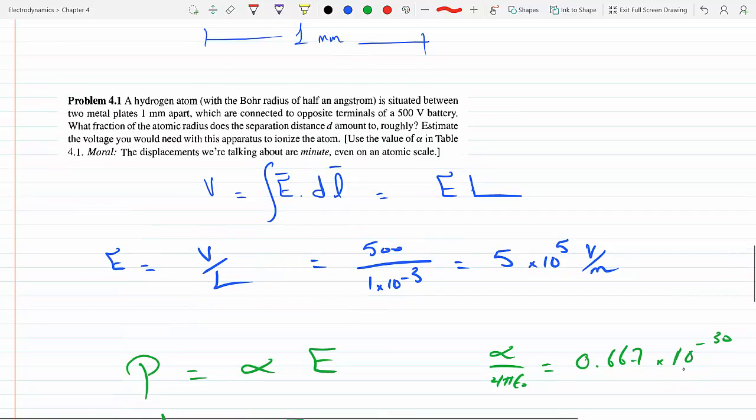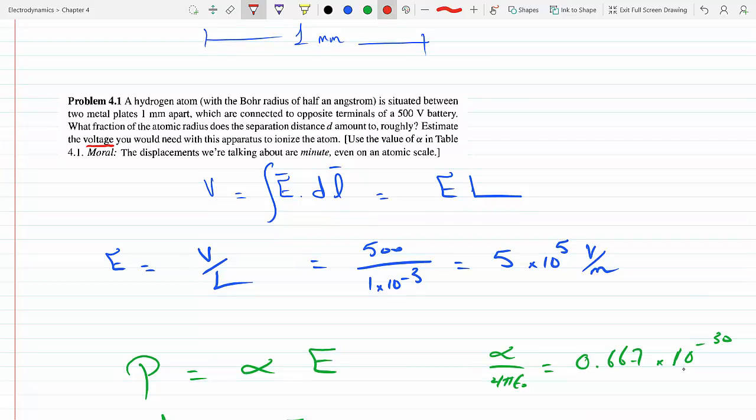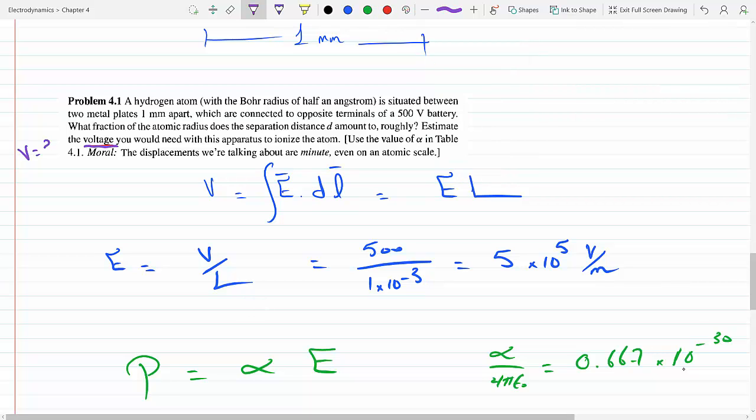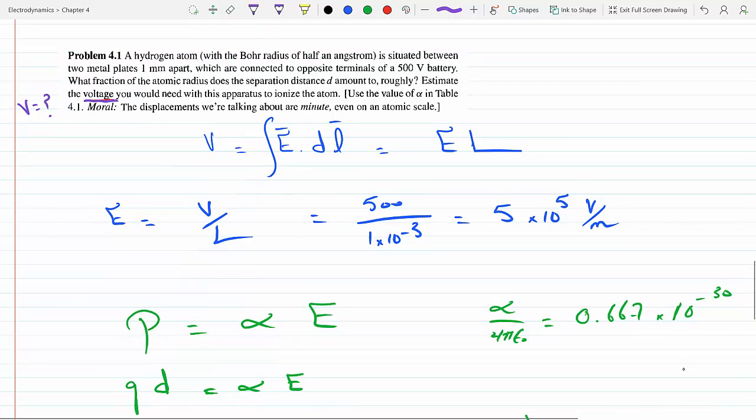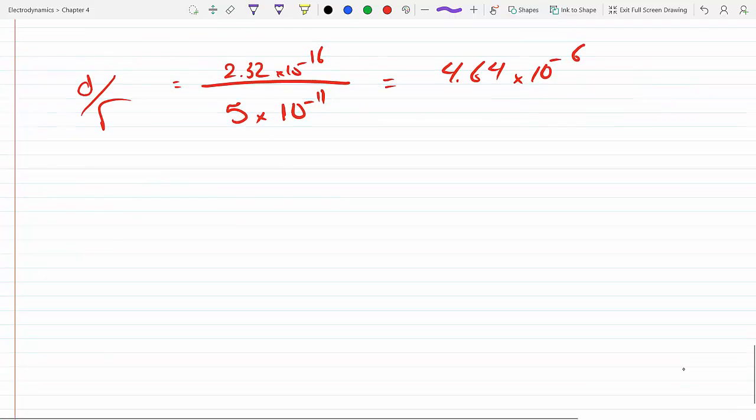Okay, continuing on with the problem, it says estimate the voltage. So now the question wants V, right? They're asking for the voltage you would need with this apparatus to ionize the atom. When would you ionize the atom?